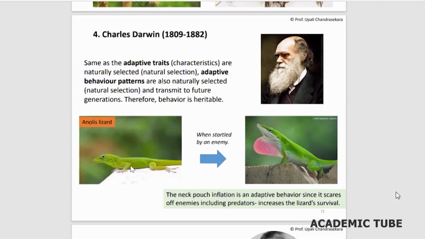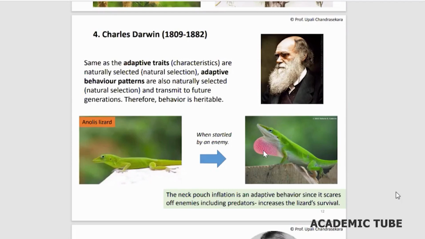So the enemy would become afraid of me, isn't it? When a big red color comes, the enemy most probably will run away. So by showing this behavior, my survival is ensured, isn't it? I will not become prey to that enemy. So I will be saved in the environment.